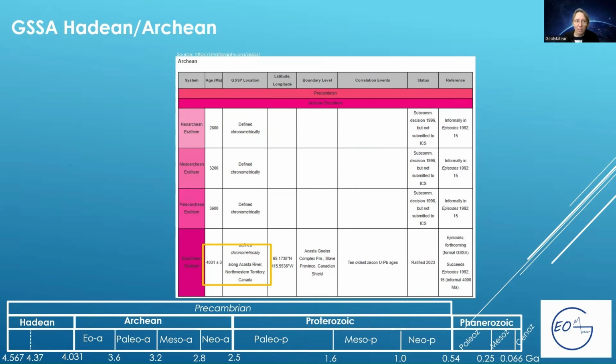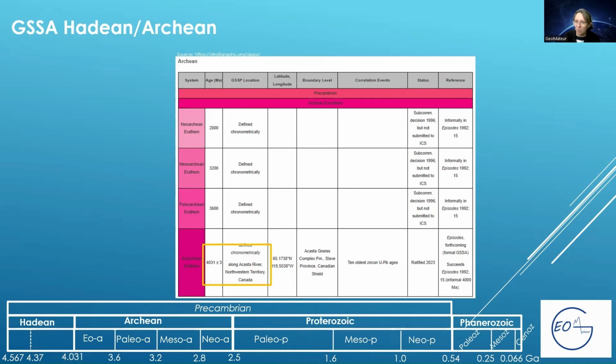And looking for GSSA, I would like to present you a very special one. If you look at the numbers, you can see they are pretty even, right? But here you go. You have 4,031 plus minus 3 million years.